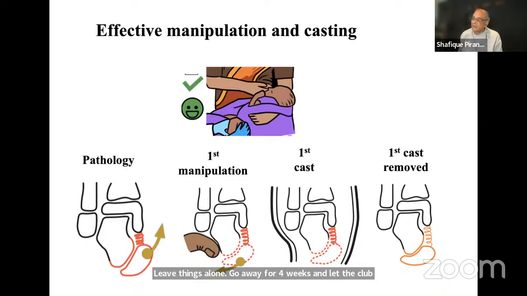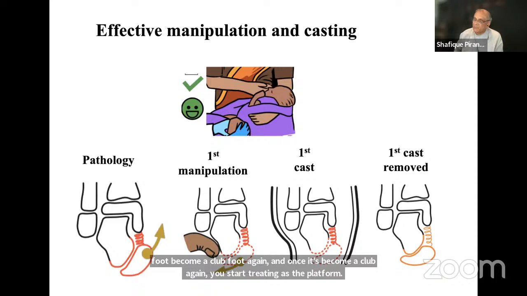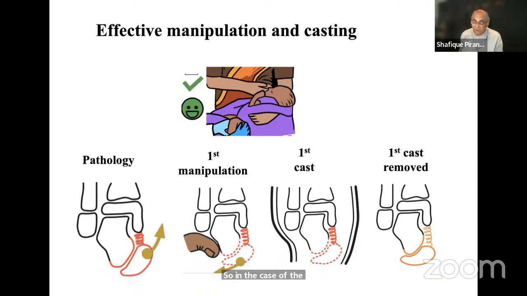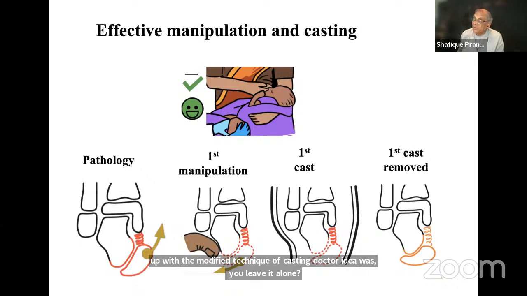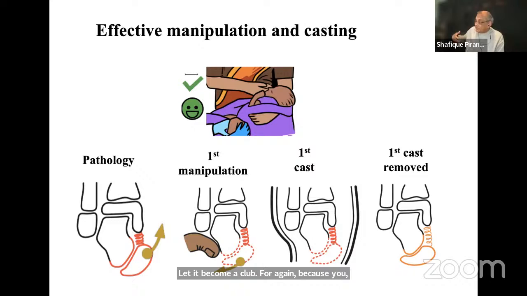And once it has become a clubfoot again, you start treating it as a clubfoot. So in the case of a complex clubfoot, before Dr. Ponseti came up with the modified technique of casting, Dr. Dietz's idea was you leave it alone, let it become a clubfoot again, because the problem is the human being has come and created a new deformity.